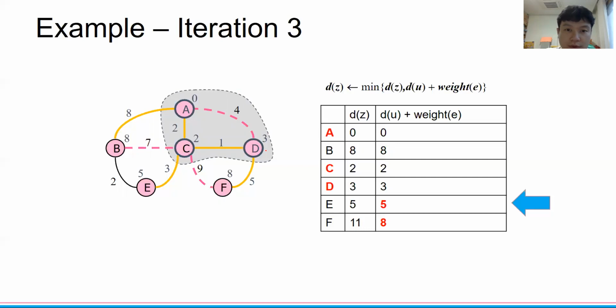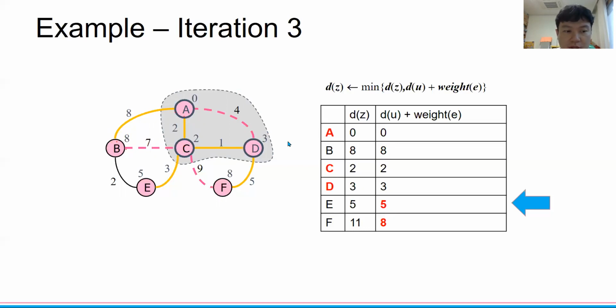So we will check again the value of each of the nodes. We go from A to B. If we go through A, C, B, the result is 9. Maybe I need to update this one first.